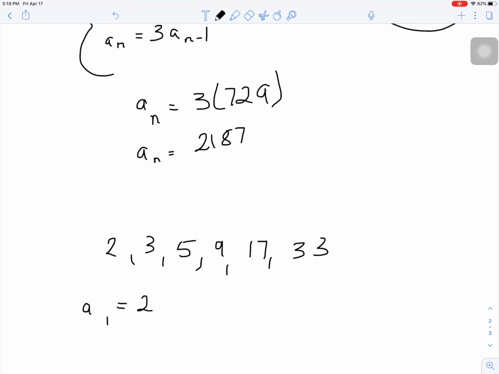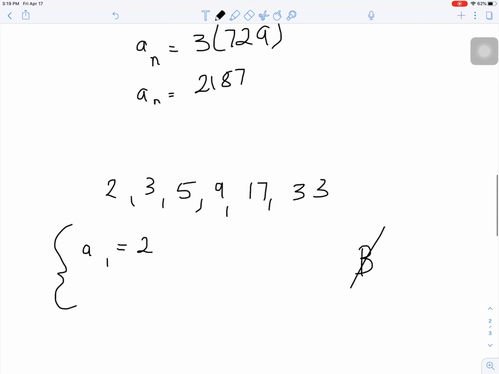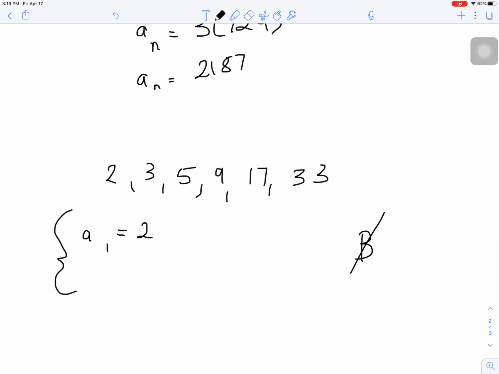So we know we have to have that in there, so that rules out B for sure. It's not an answer. So let's try A for a solution. That one says A n equals 2 times A n minus 1, subtract 1.